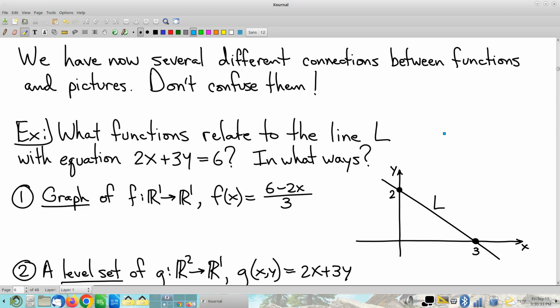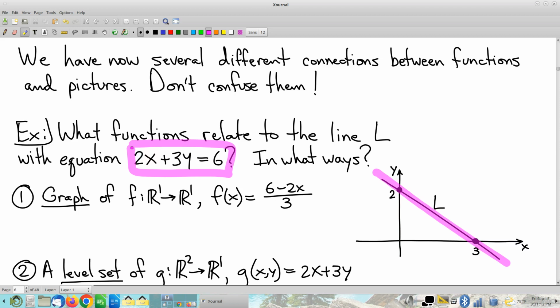So we're going to have multiple kinds of constructions running around, and for any given function, there's its graph, there's its level sets, various different pictures that we can draw, right? Let me point out you can turn that around. Instead of thinking about a function and asking what are the different pictures I could draw, you can say, if I have a picture such as a line, given an equation, what are the various functions that I can claim that this relates to?